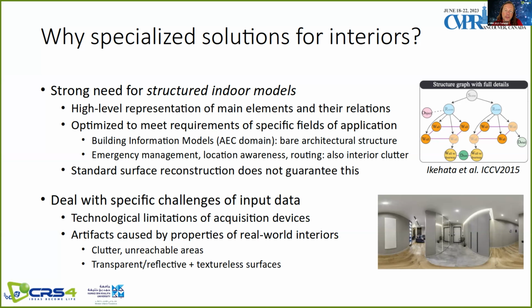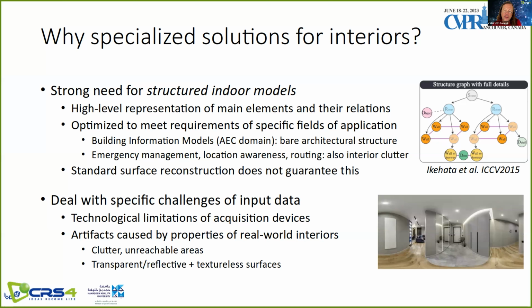On the other hand, there are applications like, for example, emergency management, indoor navigation, and so on, that need to have such a representation, for example, to recognize where you have the doors and so on, but they also need to have information on the clutter to, for example, define the paths. All these needs are specific and they are not guaranteed by standard surface reconstruction.